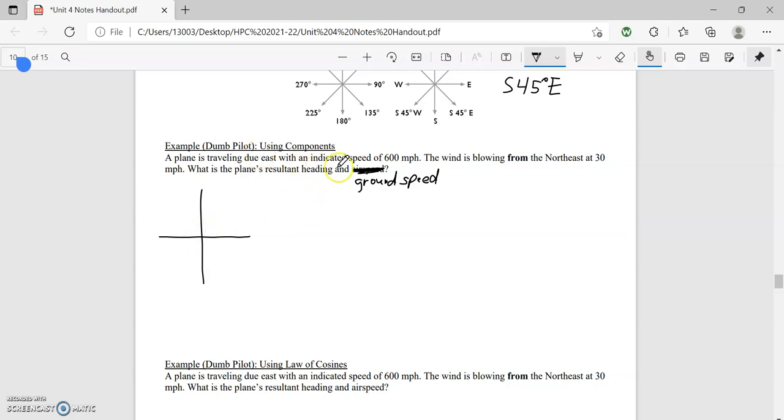So the dumb pilot means that we are being given the information from inside the cockpit, and we're not accounting for wind in terms of where is our destination.